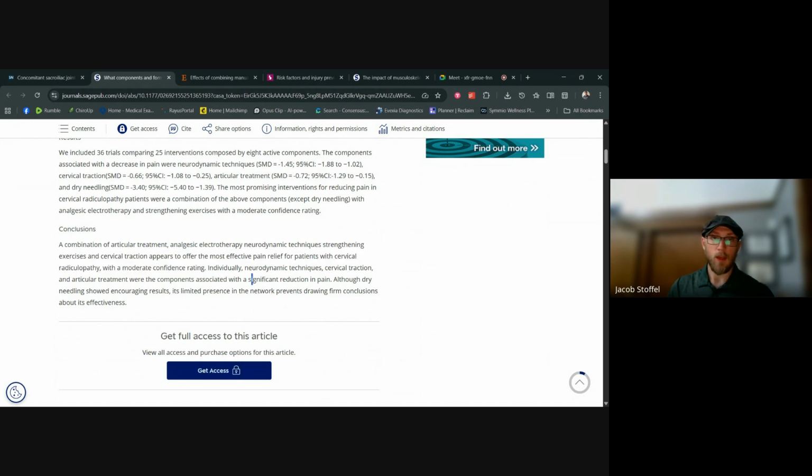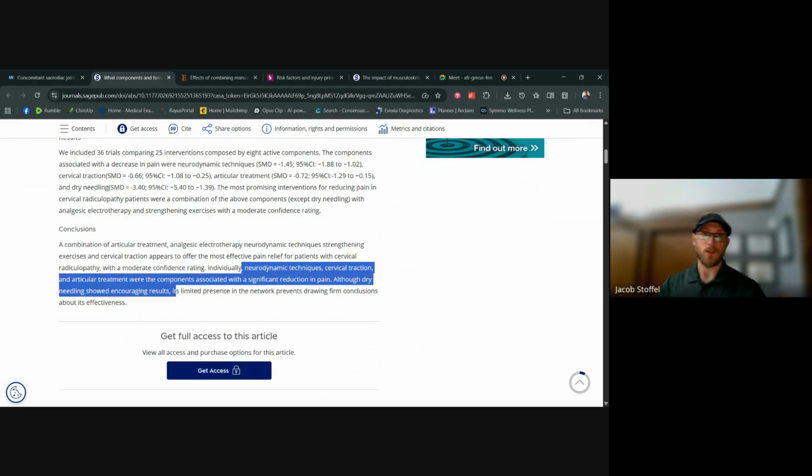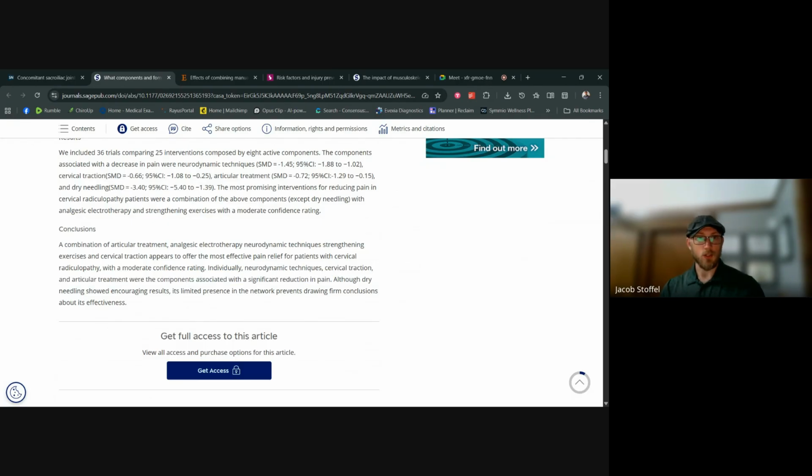Not bad. Now, individually, so when they looked at each actual treatment as a single unit, neurodynamic techniques, cervical traction, and the articular treatment, so again, taking care of the joints and articulating structures, were the components associated with significant reduction in pain. Awesome. Although dry needling showed encouraging results, its limited presence in the network prevents drawing firm conclusions about its effectiveness.